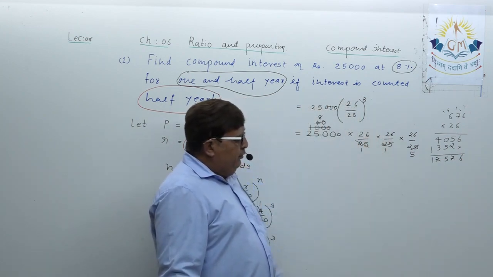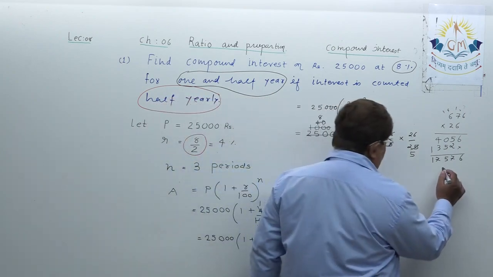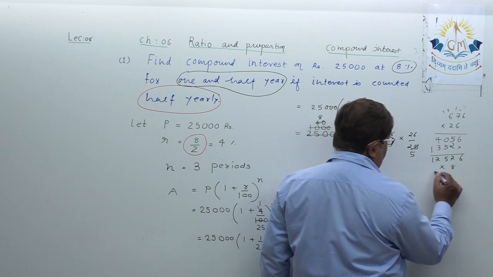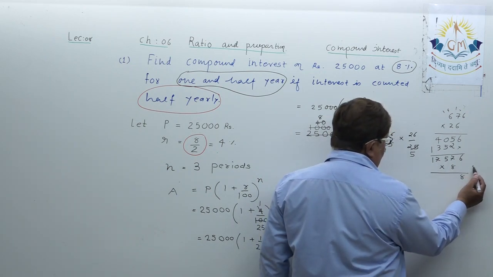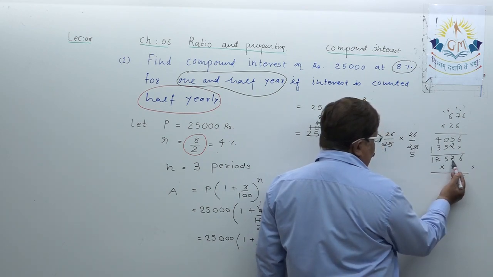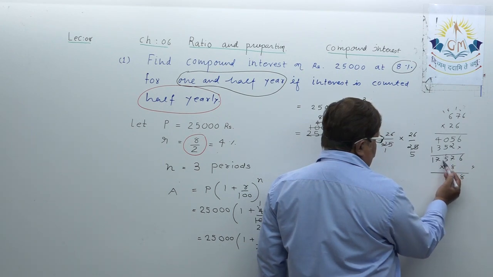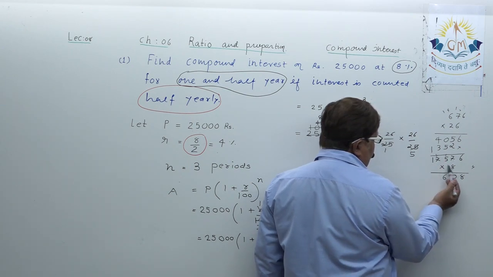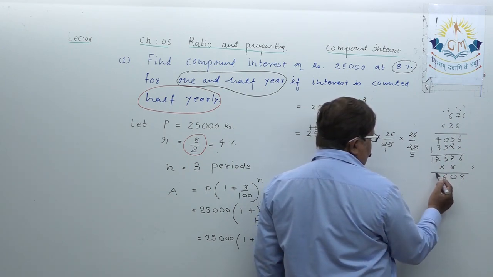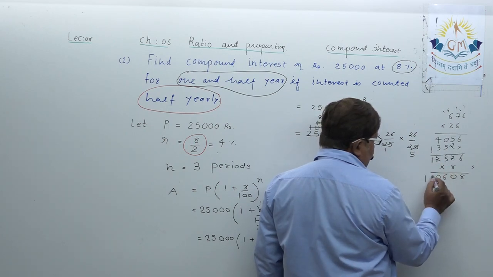26 into 26 into 26 into 8. 8 sixes are 48, 4 carry. 8 sevens are 56 plus 4, 60, 0, 6 carry. 8 fives are 40 plus 6, 46, 6, 4 carry. 8 sevens are 56 plus 4, 60, 0, 6 carry. 8 ones are 8 plus 6, 14.